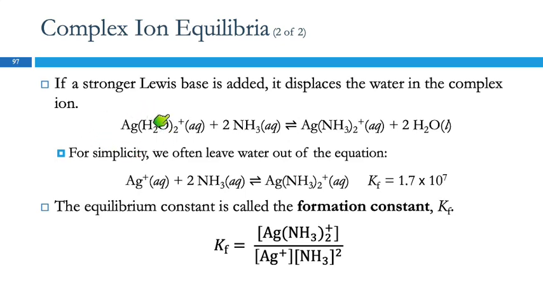A lot of things are actually hydrated, actually form these complex ions in solution, and we generally just ignore it, right? So for simplicity, we'll often write it like this. Ag plus 2NH3 makes this complex ion. So in a way, it's like what happens with the ionization of water.